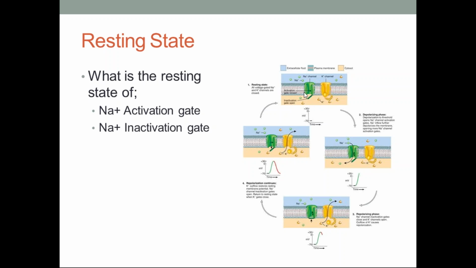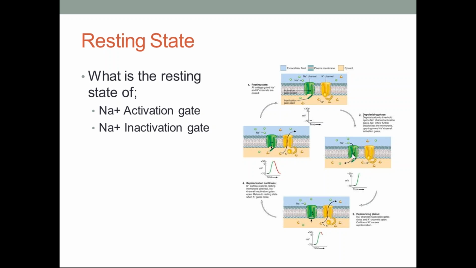At rest, it has 2 sections of proteins, they're not really gates, that are activated. They're all voltage gated, so they're activated at certain changes in the membrane. The activation gate is closed until you get a stimulus.